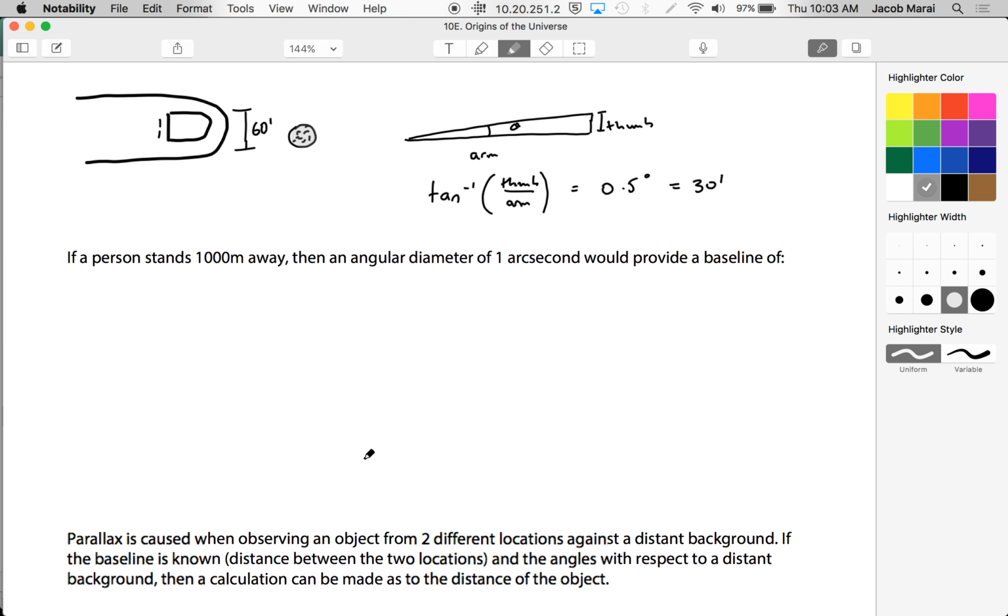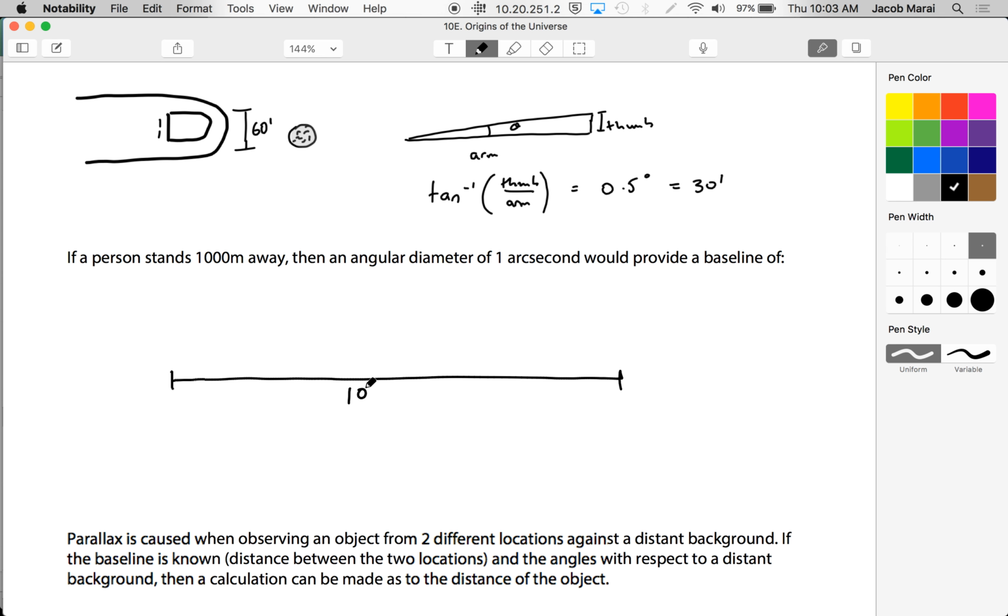Okay. Now, let's just do a quick little bit of maths. As I said, it's arctan opposite over adjacent. If we said a person stood 1,000 meters away, okay, that could be from here. There's 2 apartment blocks on the other side of Stirling Highway. The one at the front is a little bit derelict, and then there's a nicer one behind it. That nicer one behind it is about 1,000 meters away.